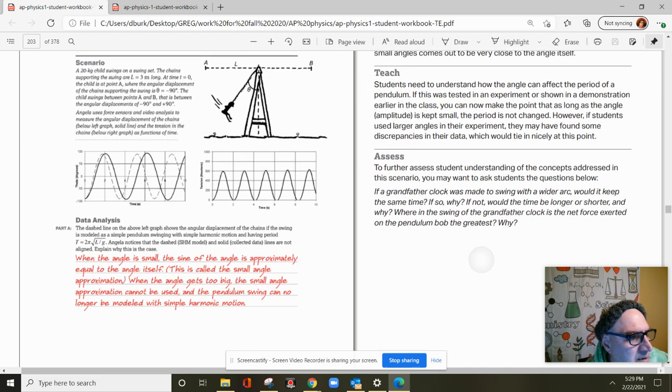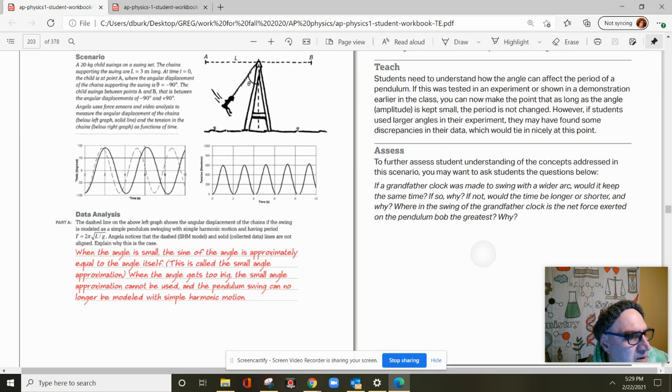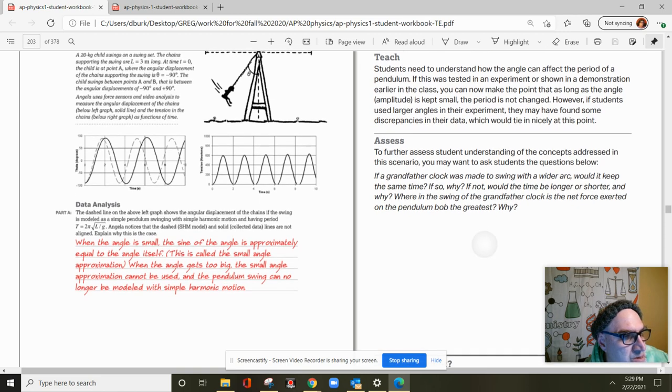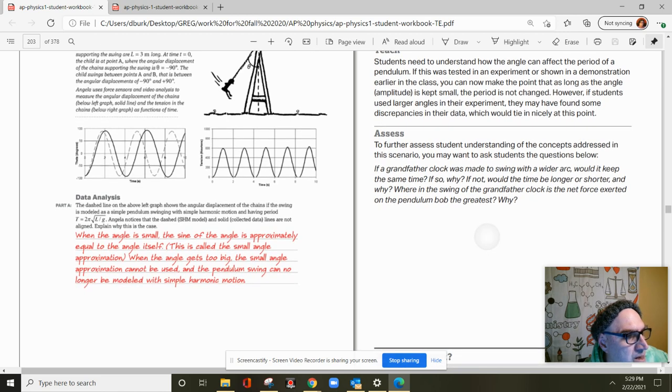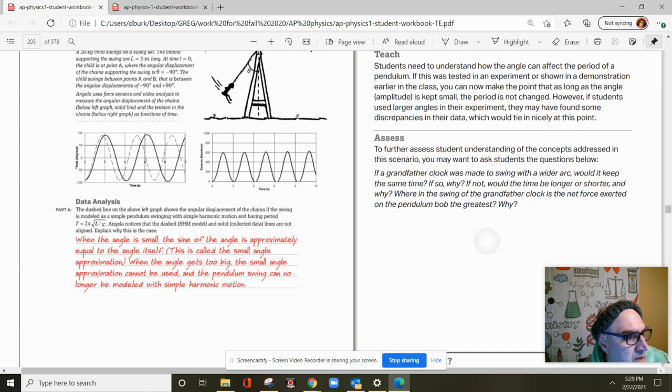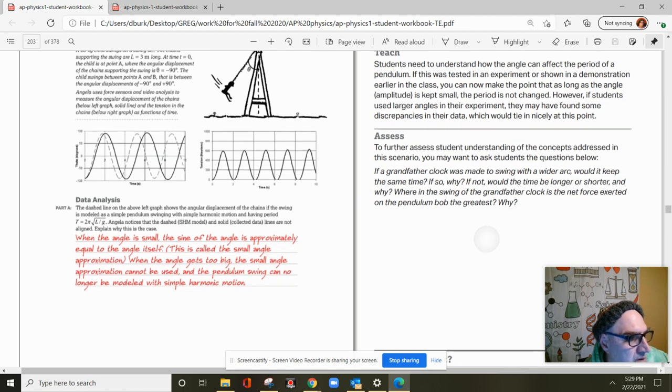Yeah. Okay, don't try this at home, kids. It says the angular displacement is negative 90 degrees, and then B, oh my God. Angela uses force sensors and video analysis to make the angular displacement of the chains and the tension in the chains. Wow, good for her. That's amazing.